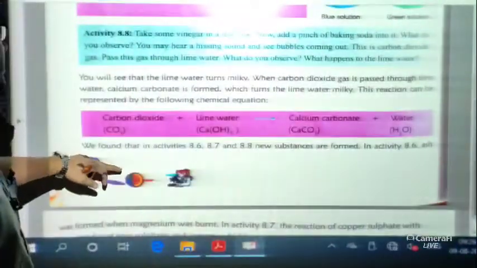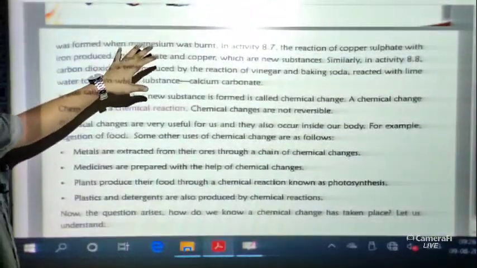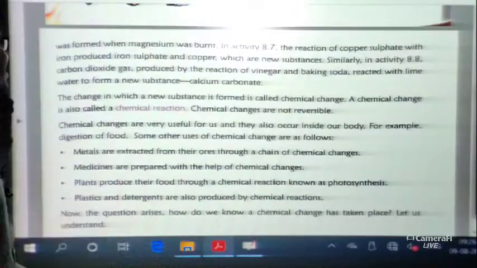So we found that in activities 8.6, 8.7 and 8.8, in all three activities, new substances are formed. In 8.6 we have seen that with magnesium, some white ashes are formed, which we call magnesium oxide.